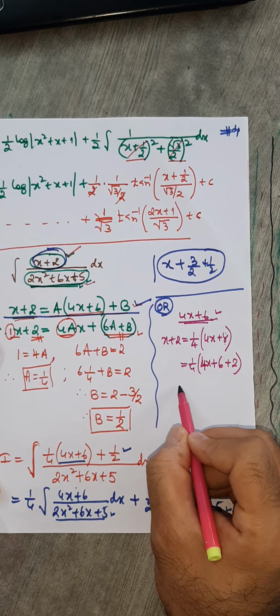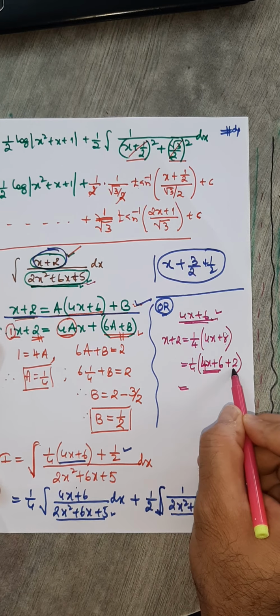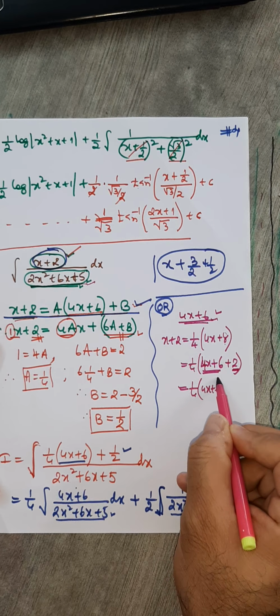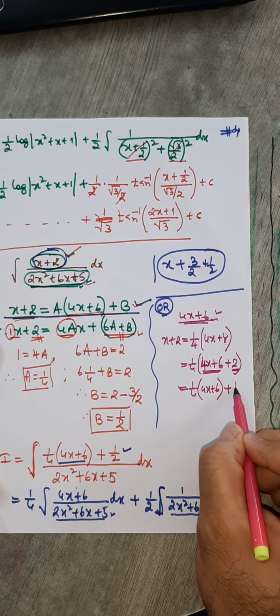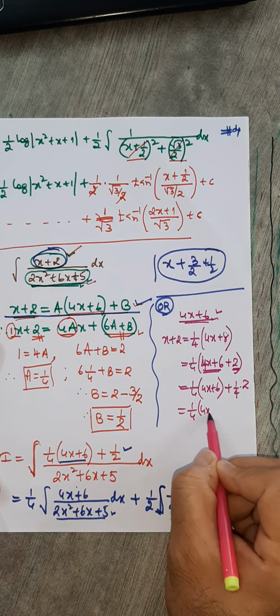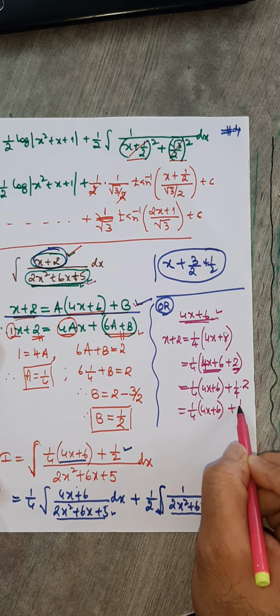Now keep this as one term and this as a separate term: 1 by 4 into 4x plus 6, plus 1 by 4 into 2. So what you are getting is 1 upon 4 into 4x plus 6 plus 1 by 2.